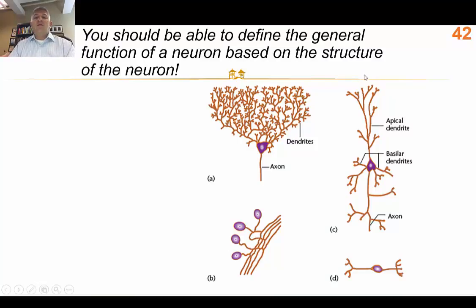All right, so if you understand that dendrites are input, somas are decision making, axons are output, and axon terminals are the release to a target, you can look at the shape of these different neurons and understand their general function, what their job is.